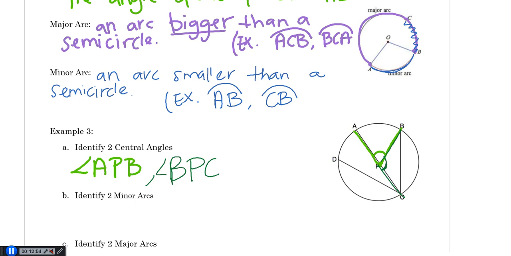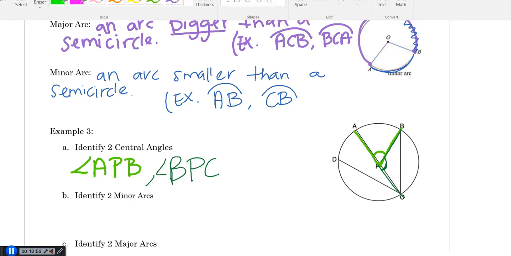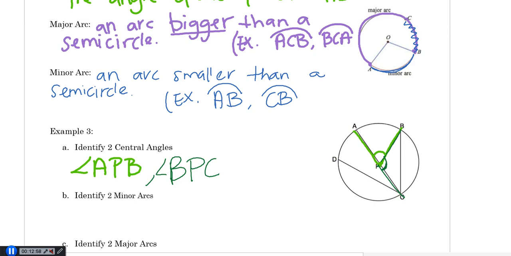Another one for part B says identify 2 minor arcs. So keep in mind, minor means less than 180, right? We want smaller than half of our circle. So a minor arc could be AB, right? AB is a minor arc. Use our arc notation.